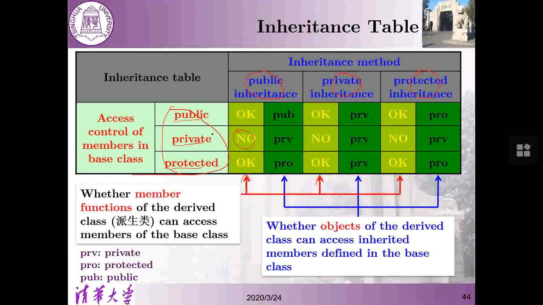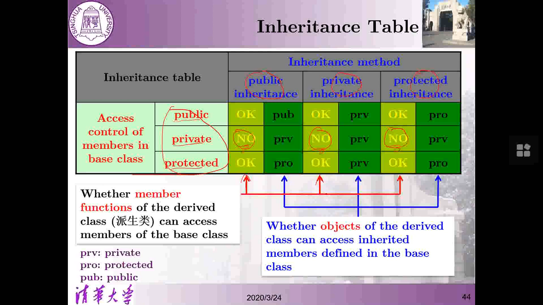Private members of the base class cannot be accessed for any of the different inheritance methods, right?